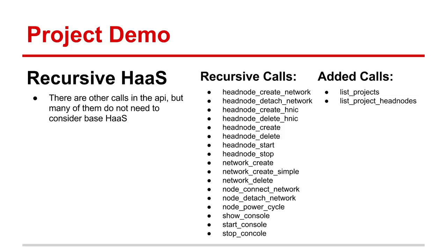For some of the calls used in the HaaS project, many can be used without modification either recursively or otherwise. For some of the API requests, however, such as head node, networking, and console access, we modified to pass calls recursively up to the HaaS base head node to handle. Additionally, we were also able to contribute API functionality to the HaaS project itself.